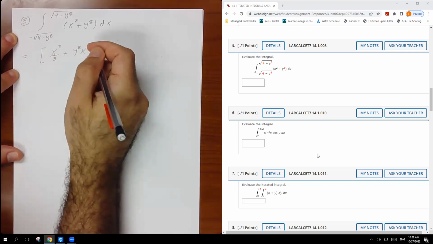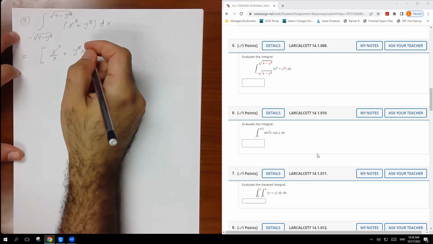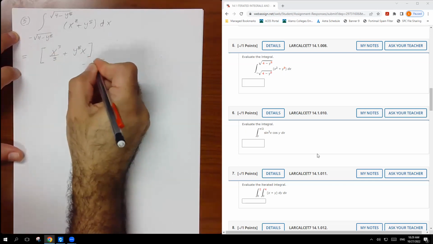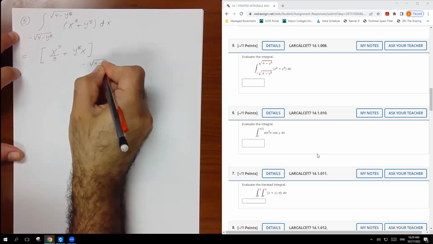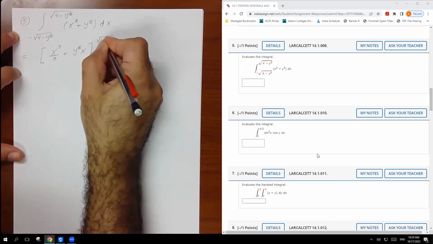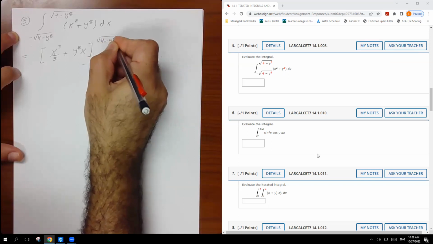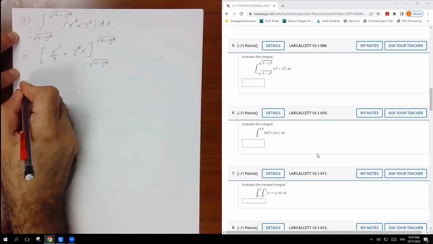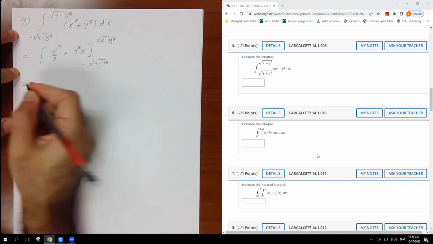And the boundary is going to be from negative square root of 4 minus y to the power 8 to the positive square root of 4 minus y to the power 8. Now we're going to plug in these. That's the important thing.